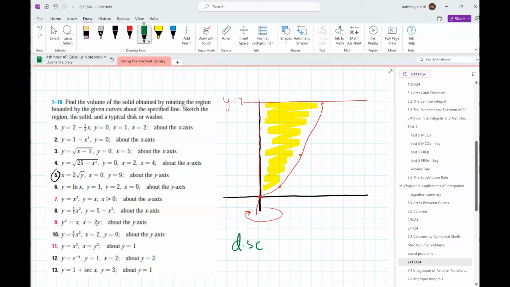So again, I'm going to draw my radius perpendicular to the axis of rotation. That's my R. The R there is just x, which in this case is 2 square root y.